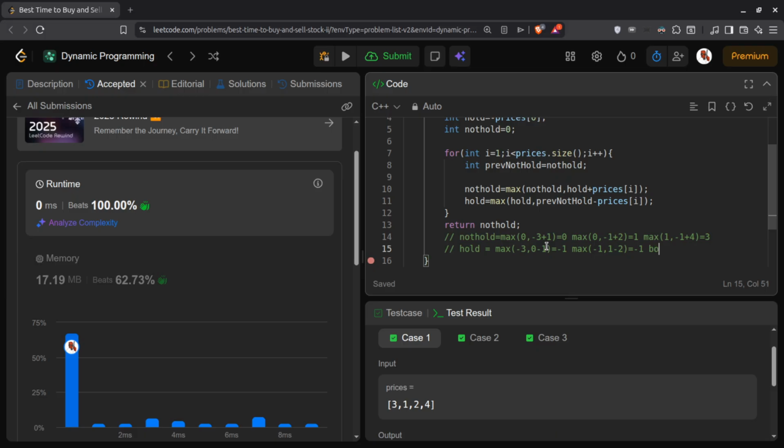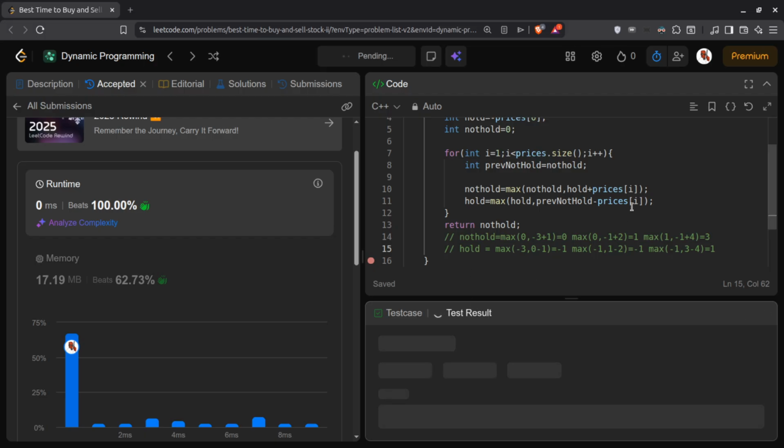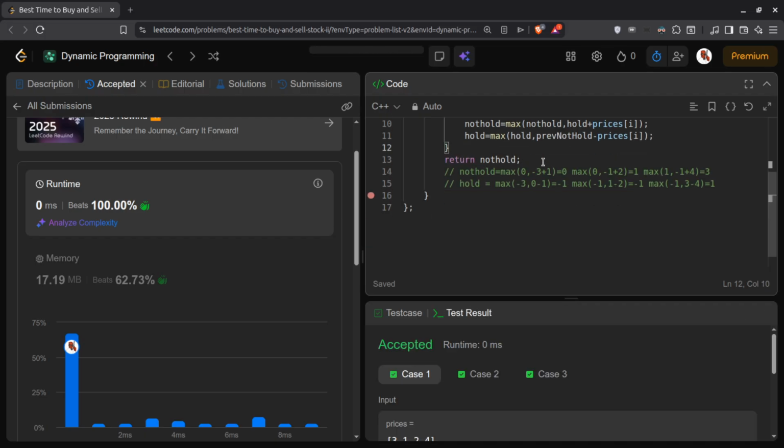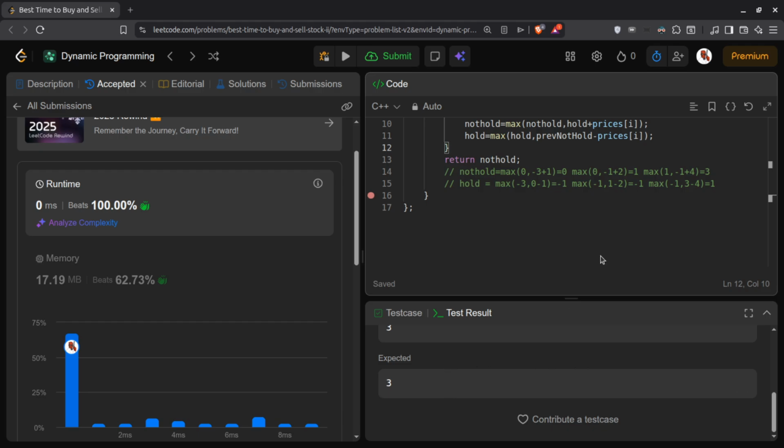And when we go with hold, max hold is minus 1, we know that, comma, previous notHold is 3, minus prices at day 4, which will be 1. Okay, so when we run this test case we return notHold. notHold is 3, as you can see.